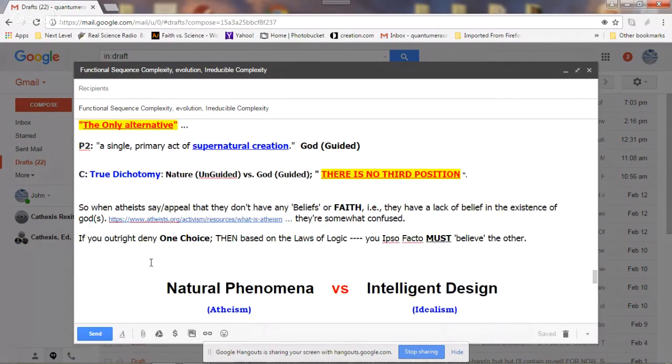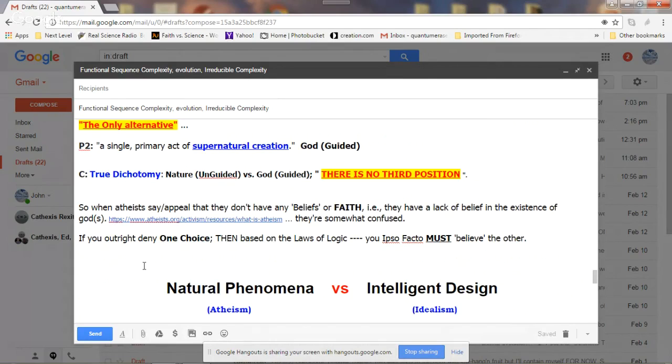So when atheists appeal that they don't have any beliefs or faith, and the definition right here, atheists, they have a lack of belief in the existence of gods. And I got that from the Atheists Are Us site right here. So this is certifiable. So they're somewhat confused.